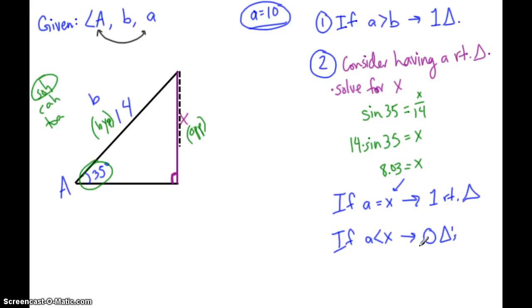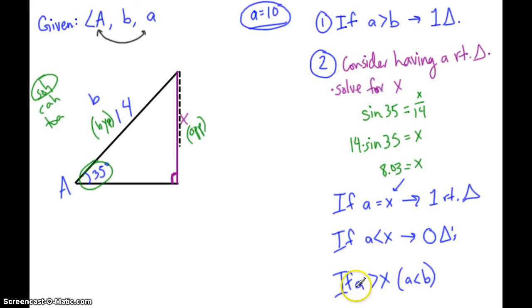I don't even have enough length there to make a triangle at all. Then, if A is greater than X, but remember, still less than B. Did I say greater a second ago?